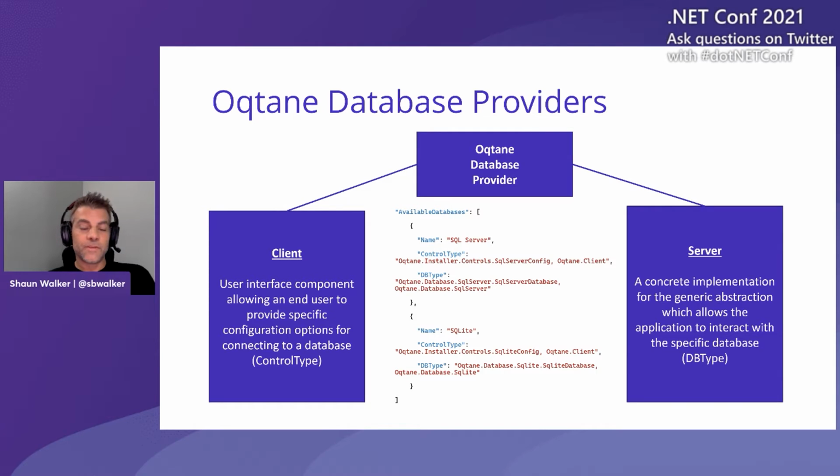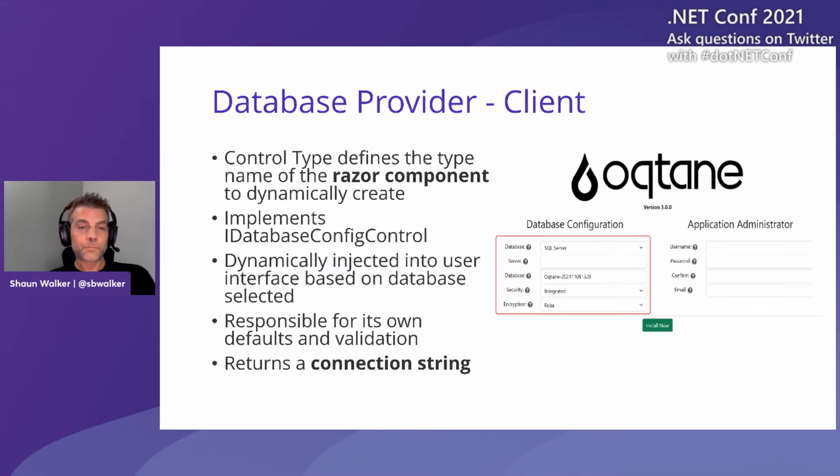So the list of the databases that I've already described, SQL Server, SQLite, MySQL, and PostgreSQL, are all defined in app settings. That's where it tells the framework where to find the client components and where to find the backend classes.